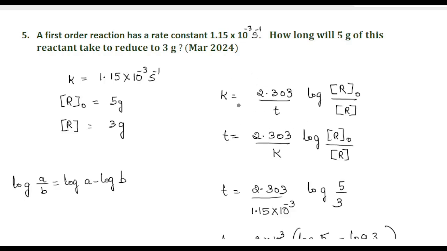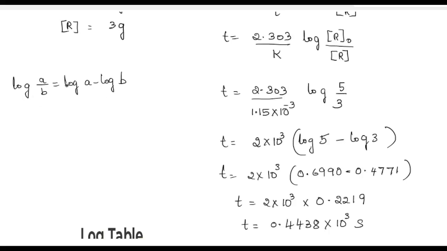So the same formula, K equal to 2.303 by T log R naught by R. Substituting the values for K, R naught and R, T equal to 2.303 divided by K value 1.15 into 10 to the power of minus 3, log R naught is 5, R is 3. Log 5 by 3 is of the form log A by B, which can be written as log A minus log B. Similarly, we write this as log 5 minus log 3.